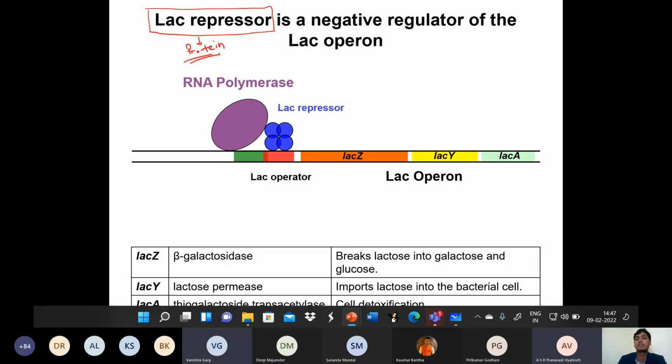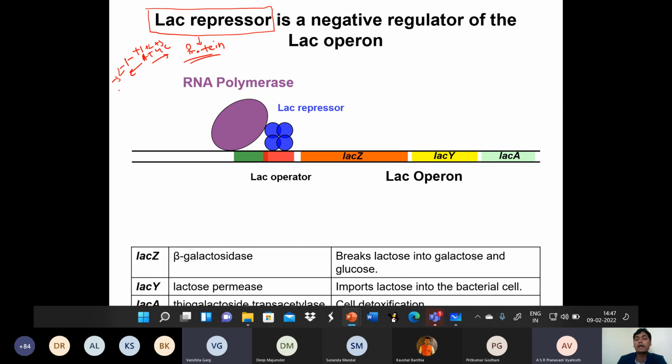So if you remember, I told you that in a particular gene, you have a promoter. If the gene is starting from this side, say the +1 side, in a gene sequence A, T, G, C, +1, +2, and in the upstream, -1, -2, -3, those are the nucleotide numbering.